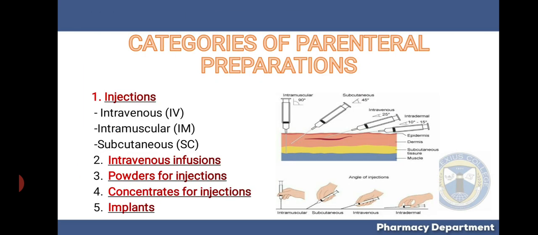So for the categories of parenteral preparations, we have 5. First, the injections. Under the injections, we have intravenous, intramuscular, subcutaneous. So, sa injections, marami yun siya. Meron din tayong intraperitoneal and others more, pero these are the common. Itong tatlo yung pinaka-common.